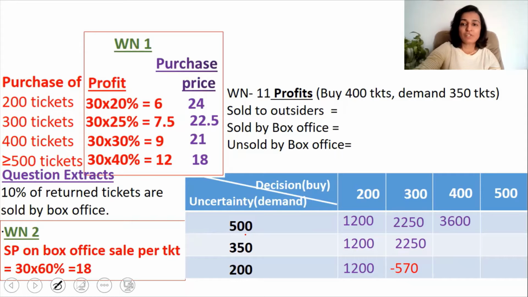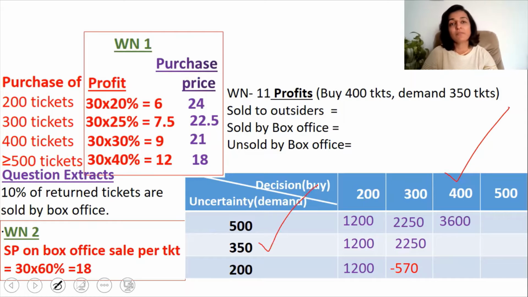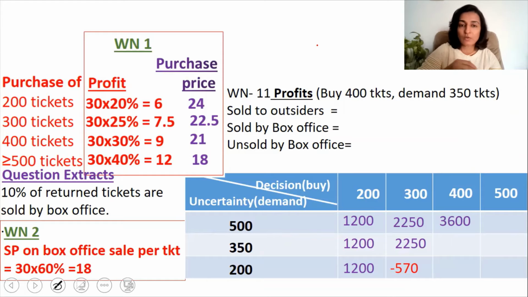Now coming to the next situation where he buys 400 tickets and the demand is only 350 tickets, which means that he will not be able to sell the entire quantity of 400 tickets. What is the unsold quantity? It is 400 minus 350 tickets, or 50 tickets will be unsold with him. Now let's go to the working note.